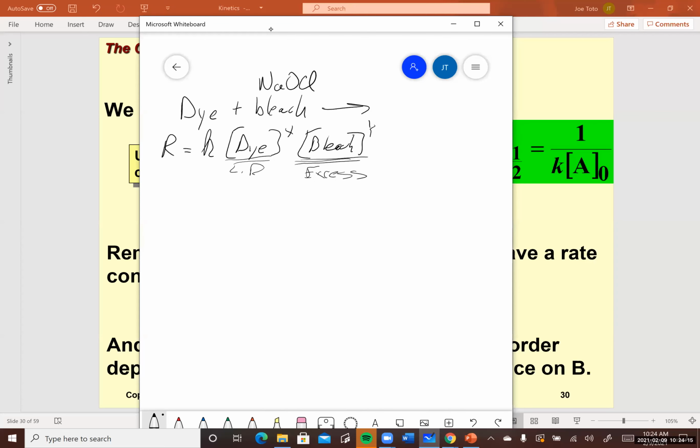So the dye is so small, so when you run these reactions, essentially, by the time the dye runs out, the bleach, which is in excess, its concentration goes down a tiny bit, but it's pretty much the same.